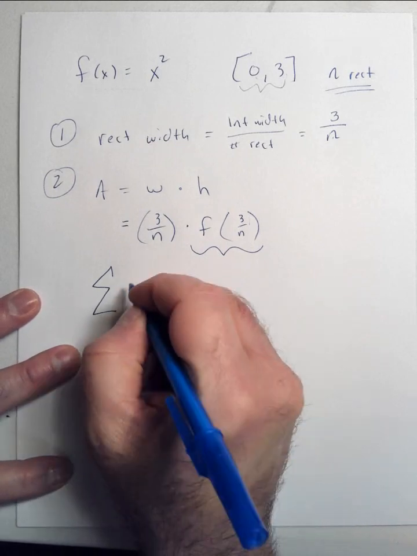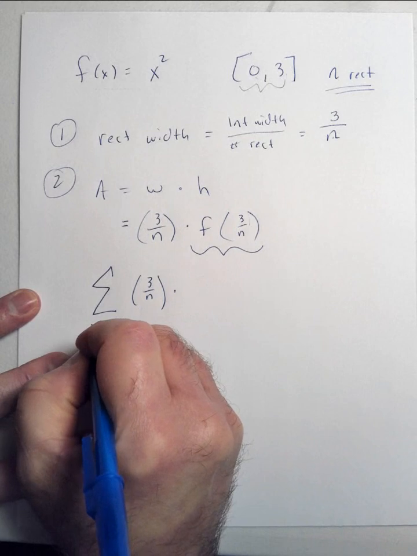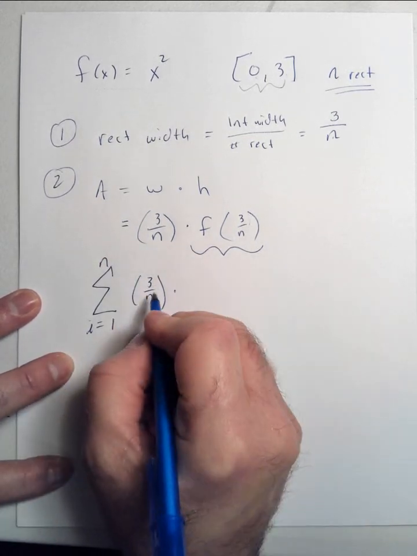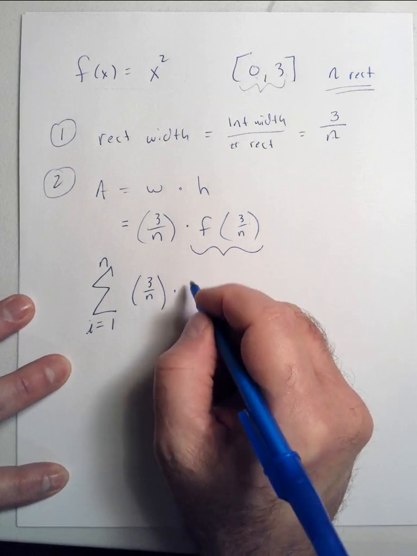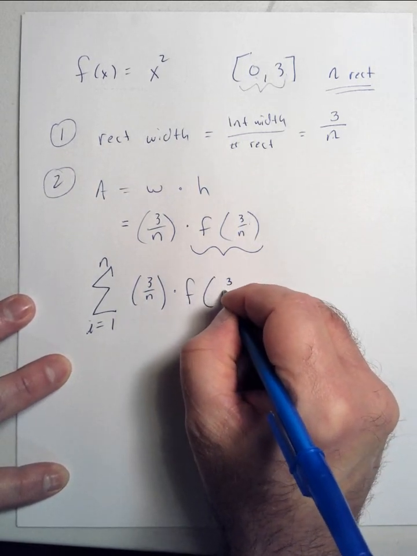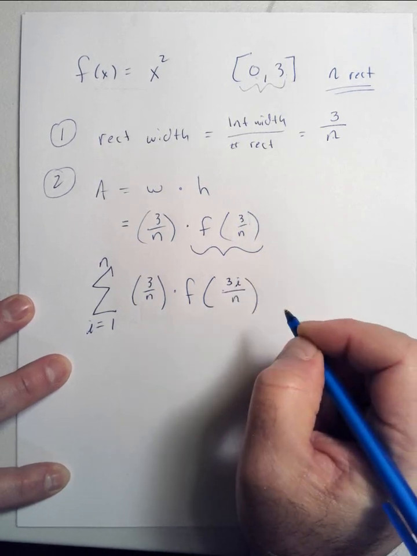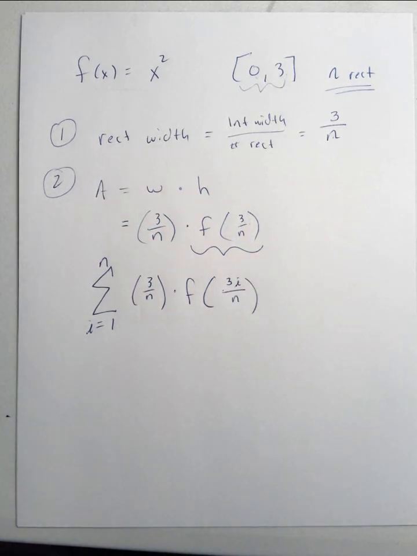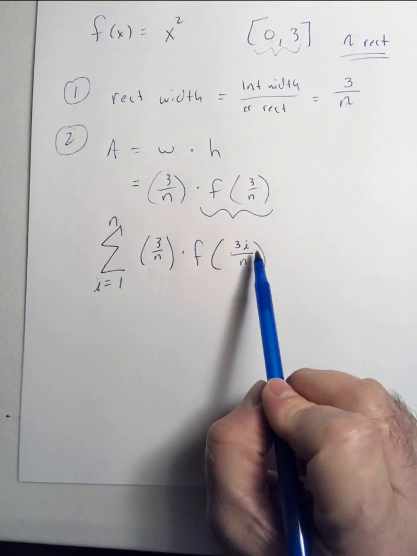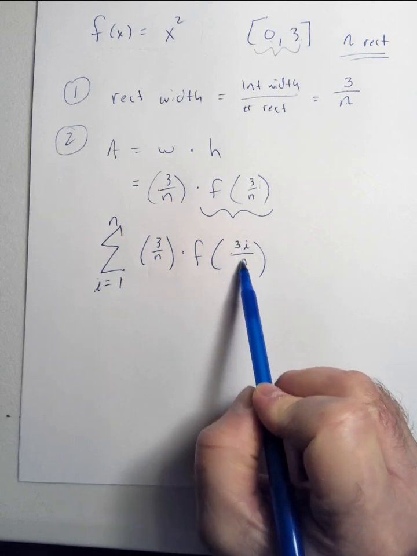So this is what we look at here. My area becomes my width times, as i goes from 1 to n, times f of 3i over n. Alright, so let me explain that, right? When i is 1, this becomes 1 width.